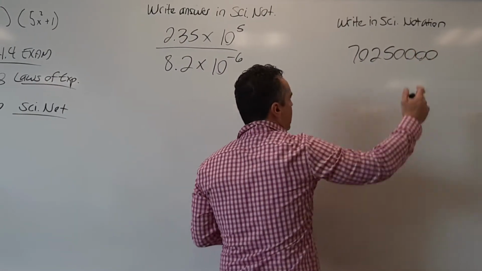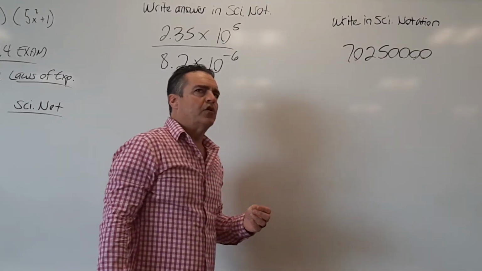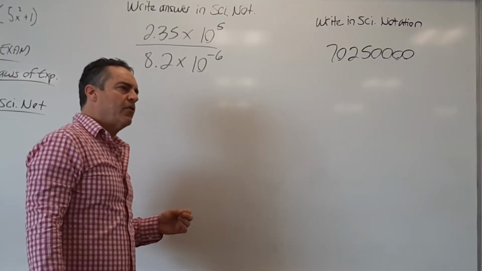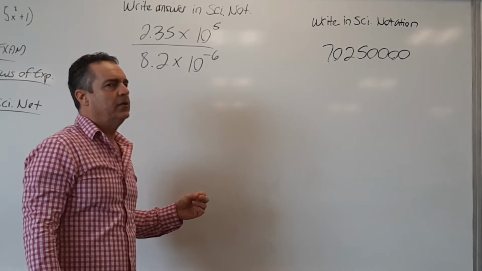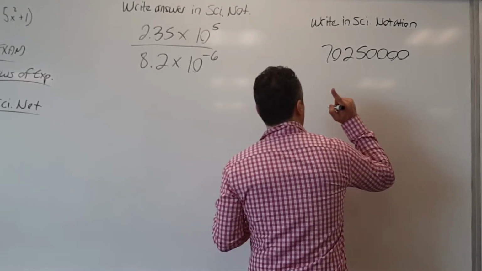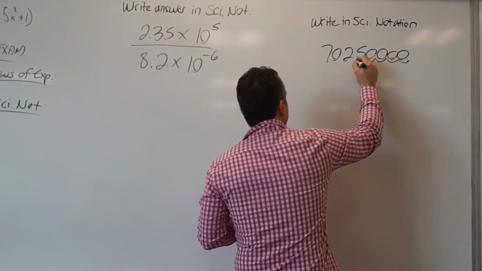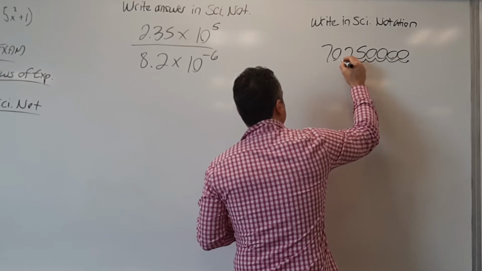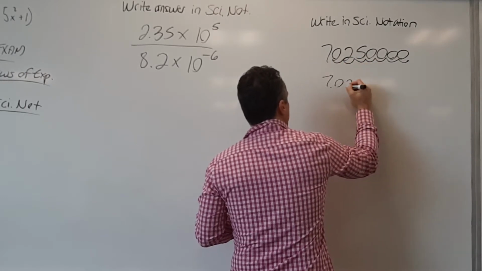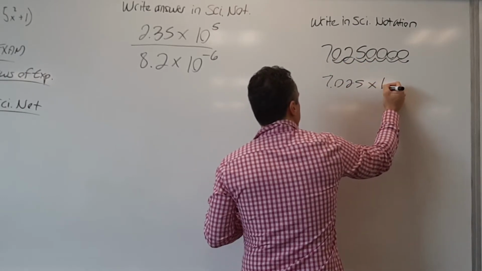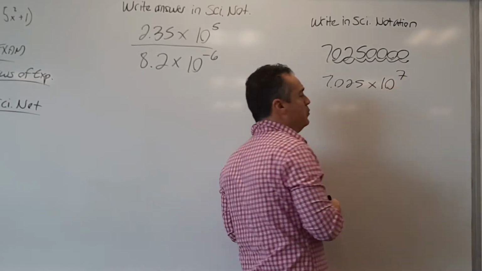Scientific notation, by definition, is there's only one digit to the left of the decimal, but that digit can't be what? 0. Can't be 0. Very good. Decimal, where is it right now? It's the end. Yeah, it's here. So we're going to move it. 1, 2, 3, 4, 5, 6, 7. So we get 7.025 times what? 10 to the 7th, because you moved 7 places.